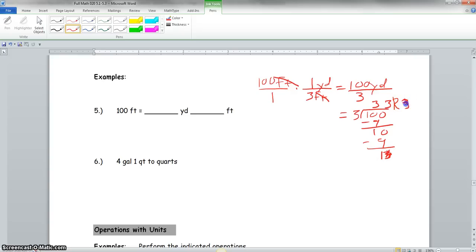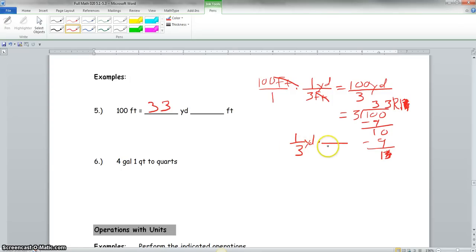So it's a remainder of 1. Simple mistake, it was caught. Okay, so that means we have 33 yards, and we will have our remainder as 1/3. So now we would need to change this 1/3 yards back to feet.